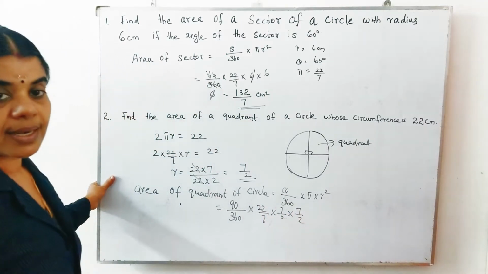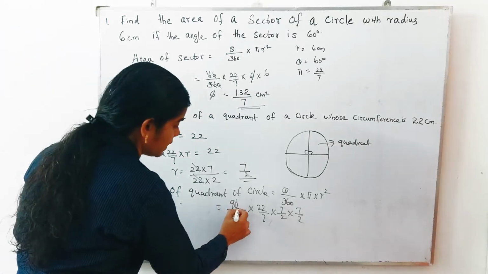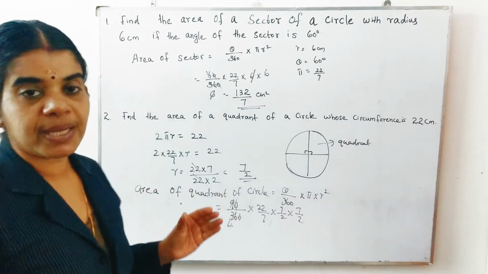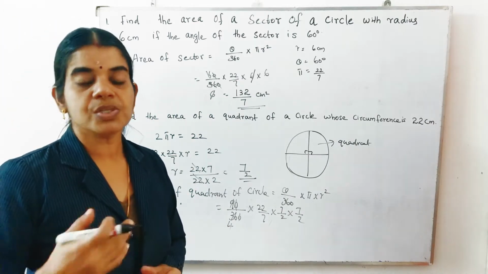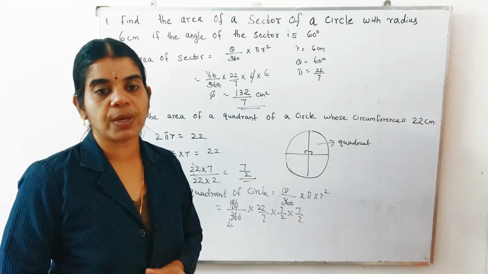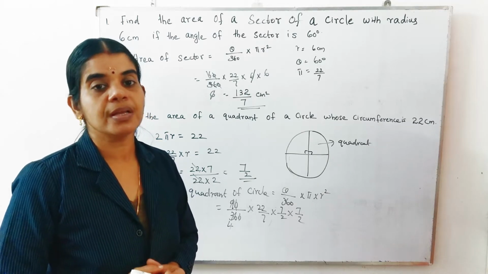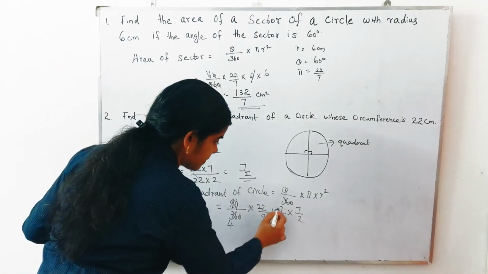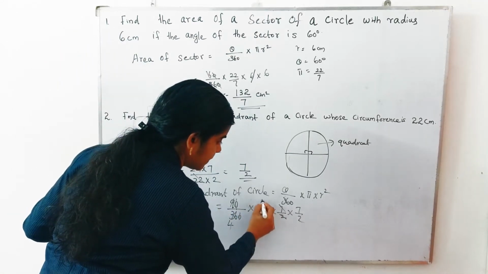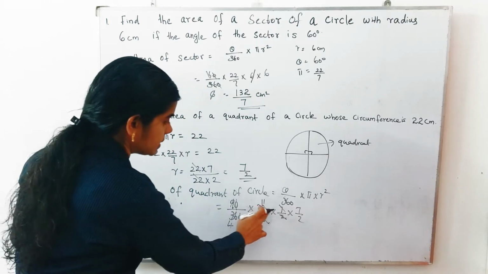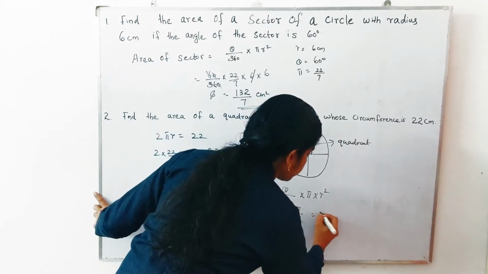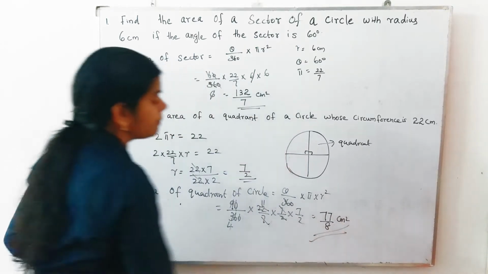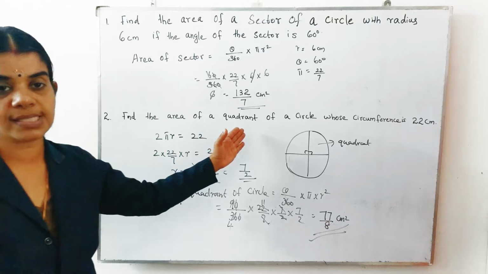That will be the radius. Then the 0 we cut. 9 how many times? 4. If you get 90 by 360 you are getting 1 by 4. So directly also you can write area of a quadrant of a circle is equal to 1 by 4 pi r square. Then this 7 and 7 we cut. 2 11 times. Then 77 by 8. 77 by 8 centimeter square will be the area of the quadrant of a circle.